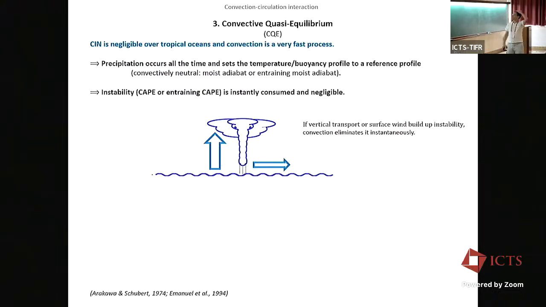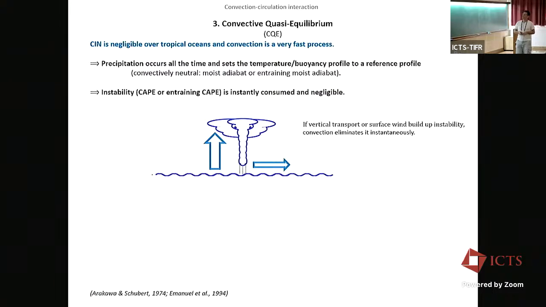So the next idea came up first in Arakawa and Schubert's paper, which was aiming at parameterizing convection in a general circulation model. And maybe the most important paper on that is a sort of review that Emanuel, Neelin and Bretherton wrote in 1994.